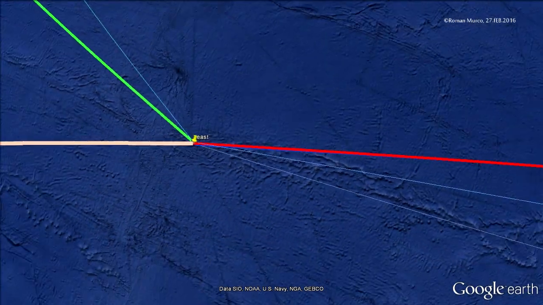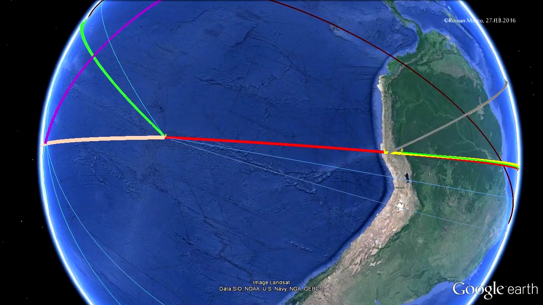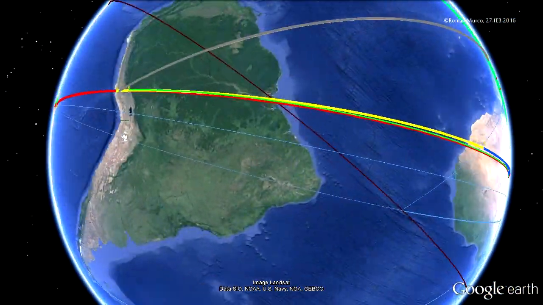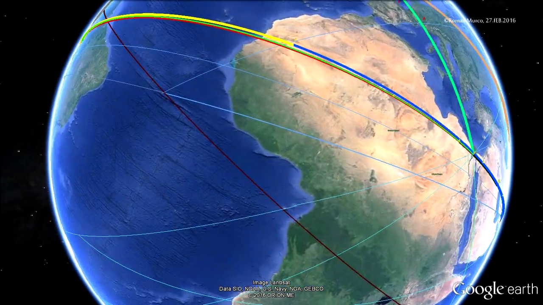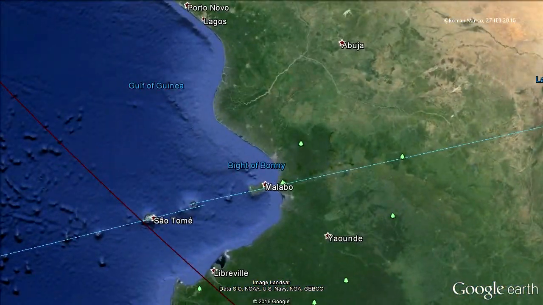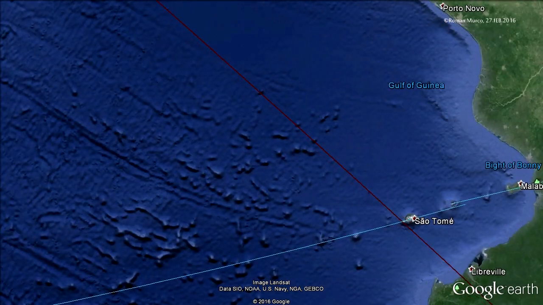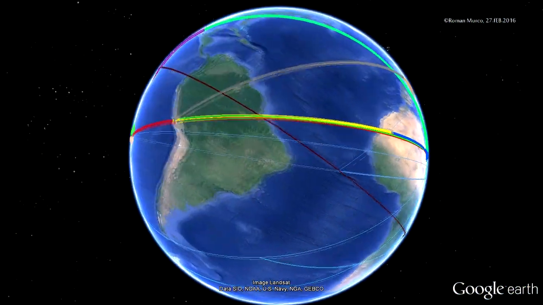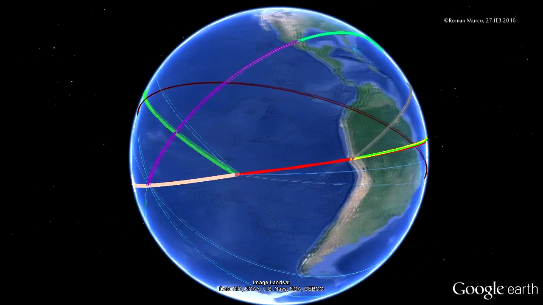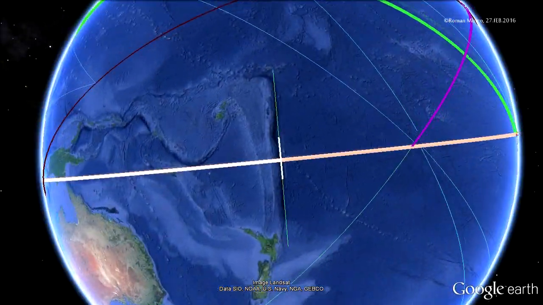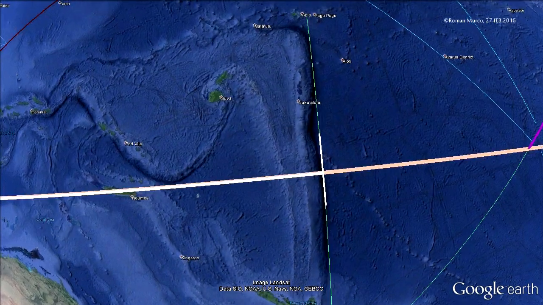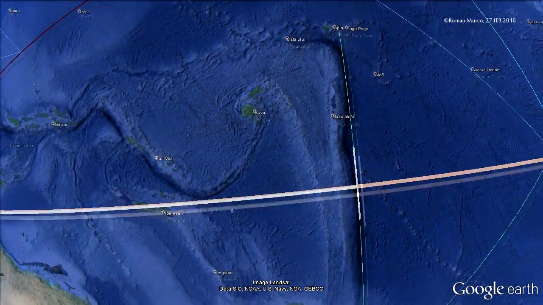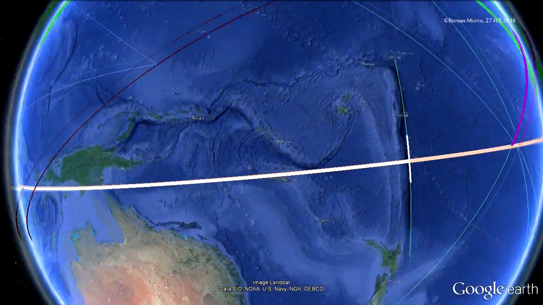Also here, check this path, taking material over water, dropping it, connecting with other grid lines which were carrying other material. So yes, it's terraforming. The gods were terraforming our planet, and there's no doubt about it.